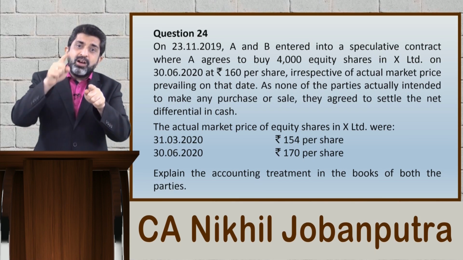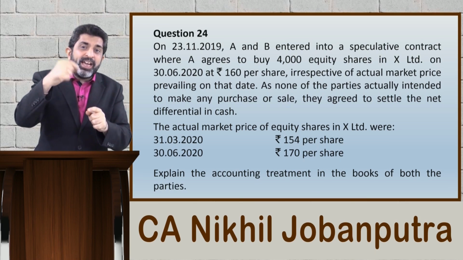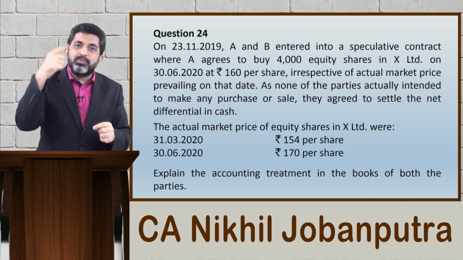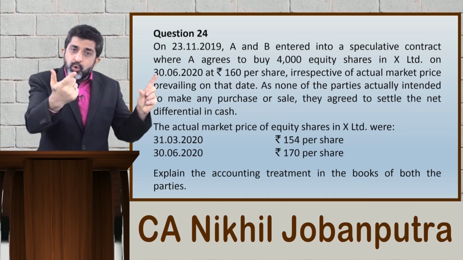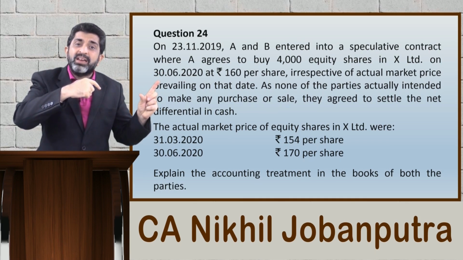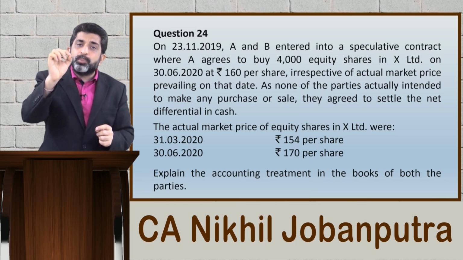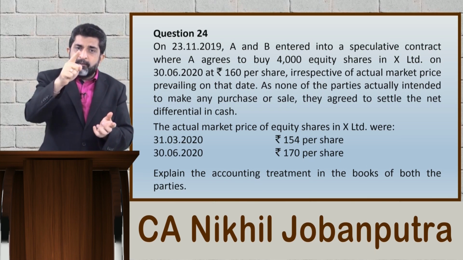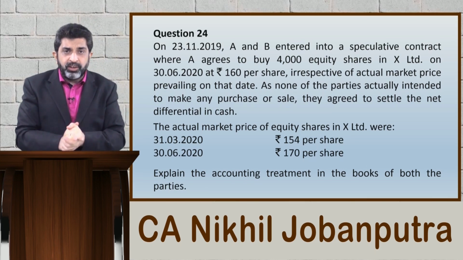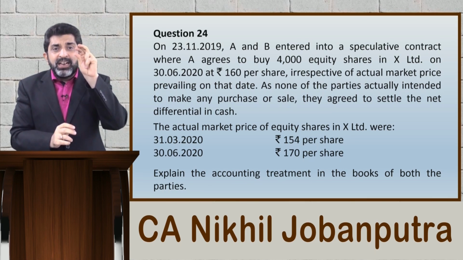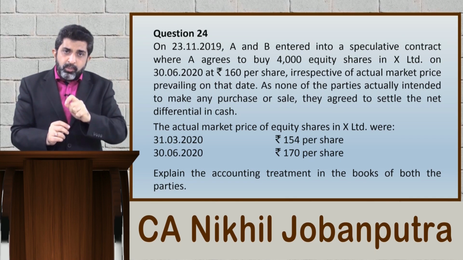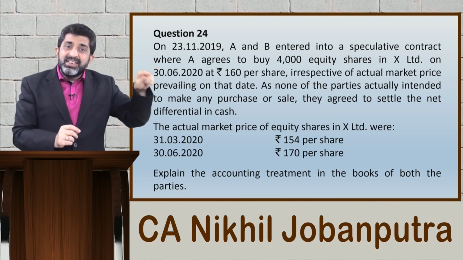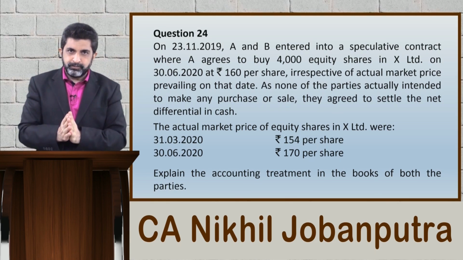Now, you have a right to sell a share at rupees 160 whose market price is just 154. You have made a gain of rupees 6 per share. In total, you have made a gain of rupees 24,000. You would record a derivative asset of 24,000. So, the journal entry in your books will be derivative asset debit to P&L.